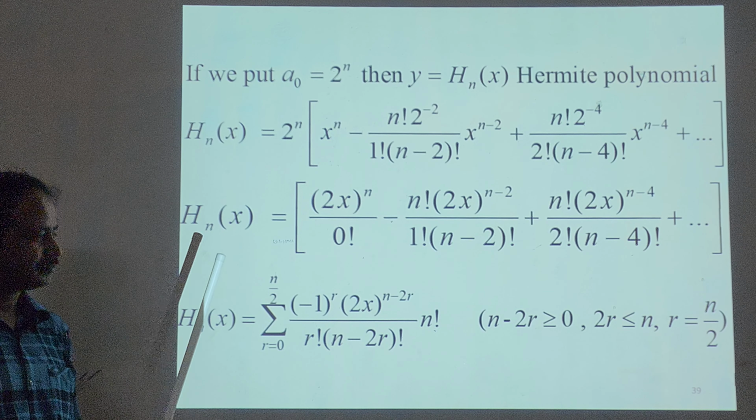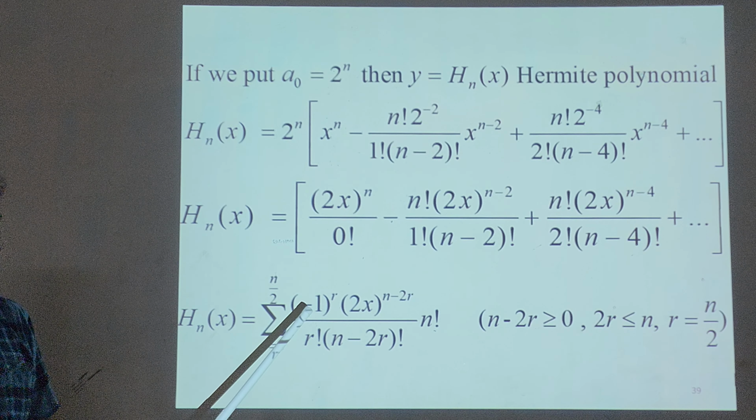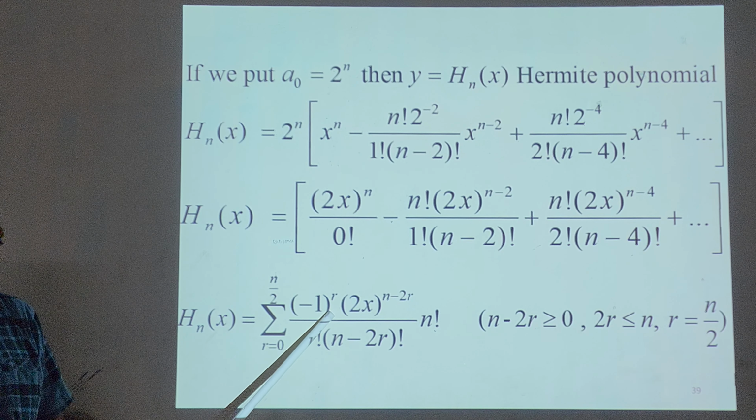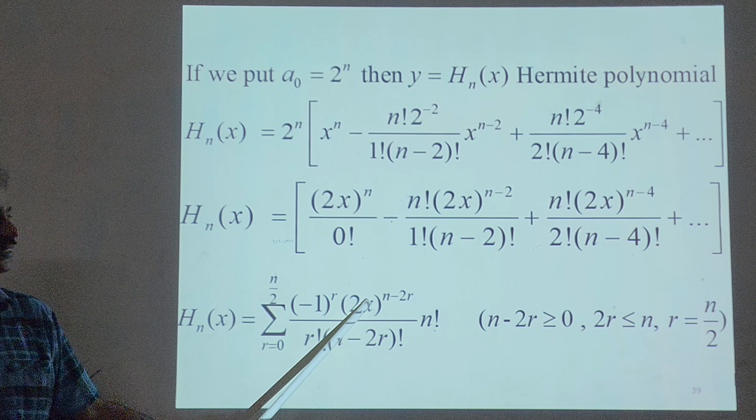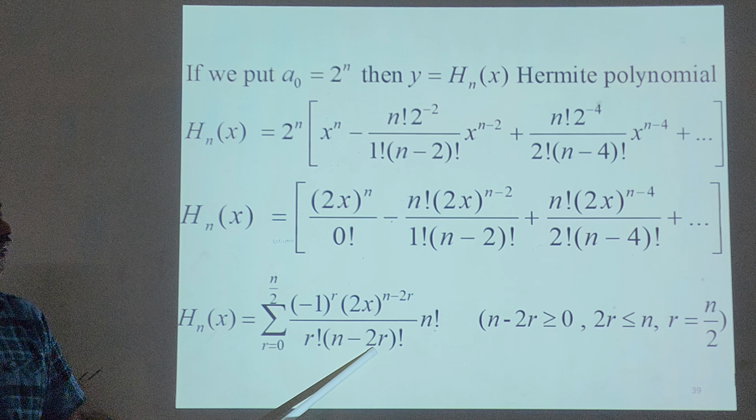We will try for the second term. r equals 2 here. When r equals 2, this becomes 2 factorial. Now this becomes a plus sign. So it is minus 1 to the power r, (2x)^(n-2r) divided by (n minus 2r) factorial.